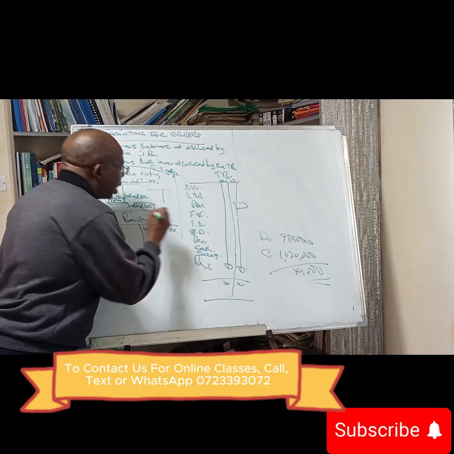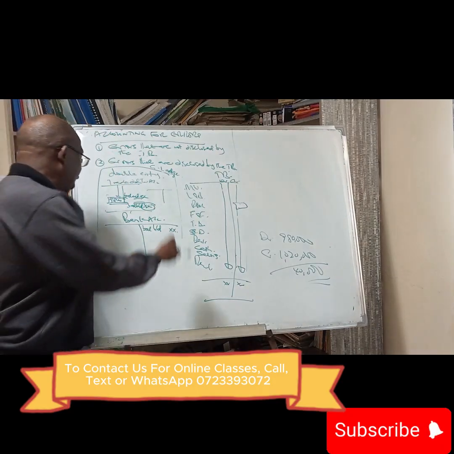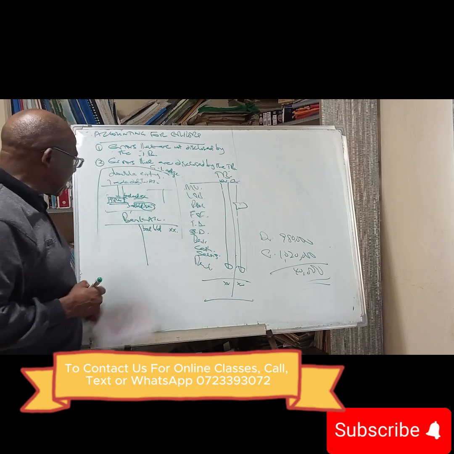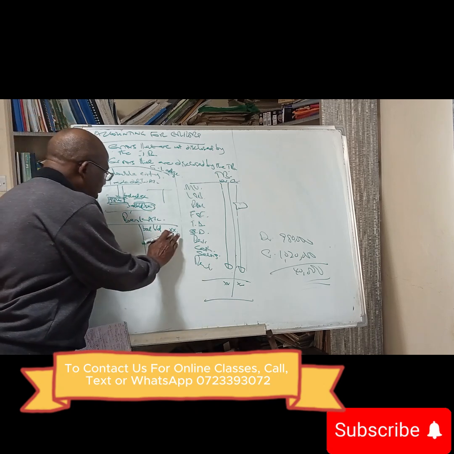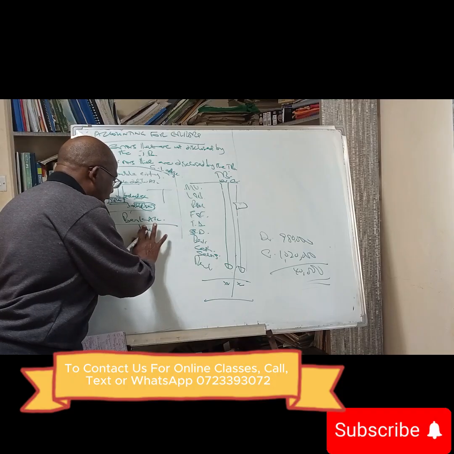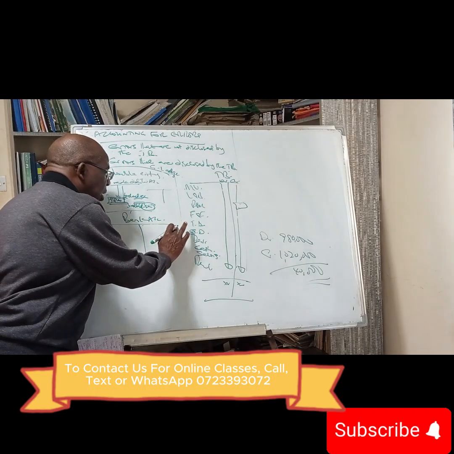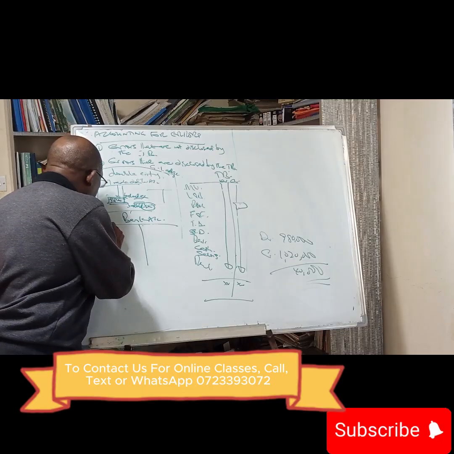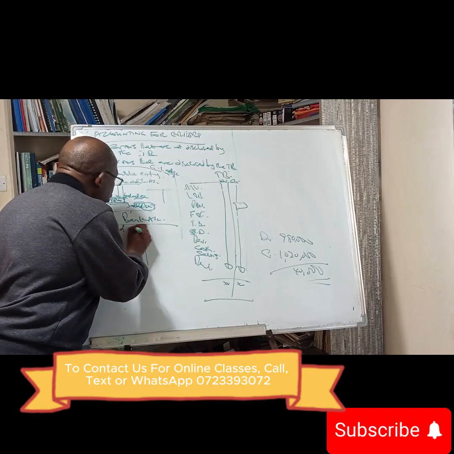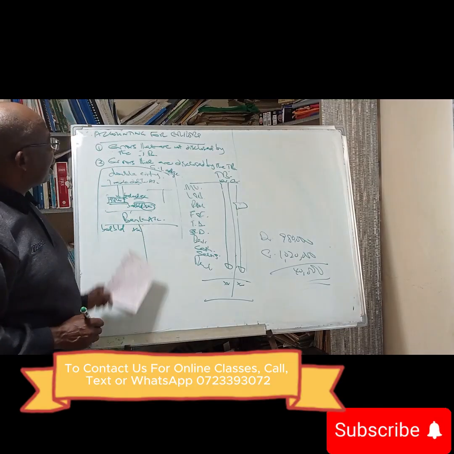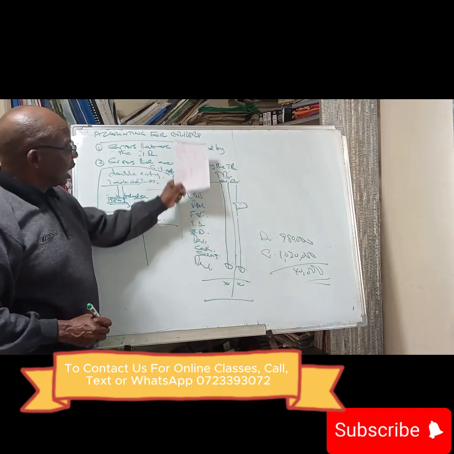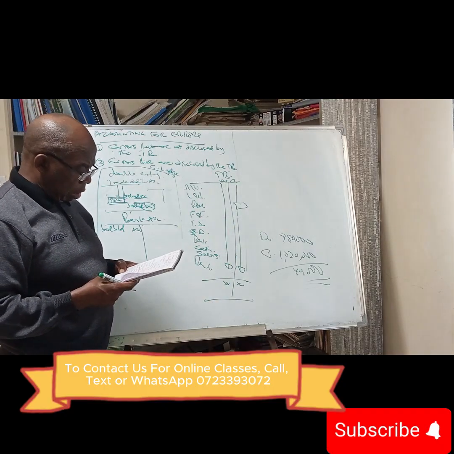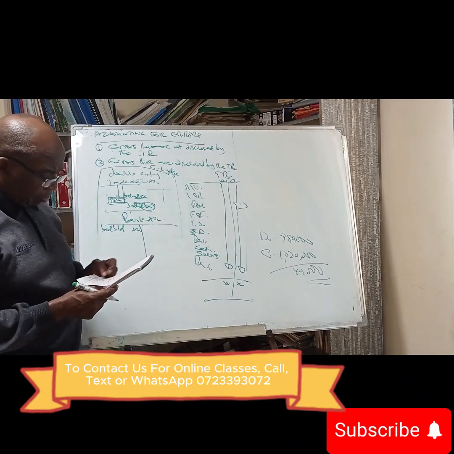Because it's an overdraft, it's a liability, so you're supposed to bring it on the credit side. If you brought it down on the debit side, you will be making an error that can be disclosed by the trial balance. The trial balance will not balance.